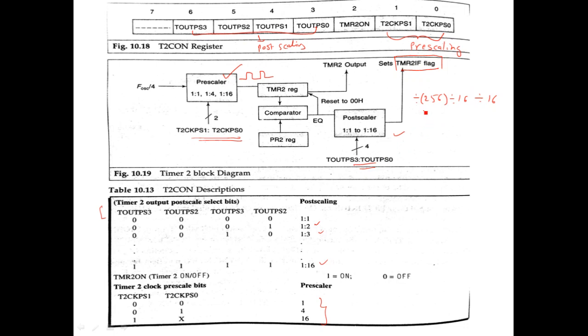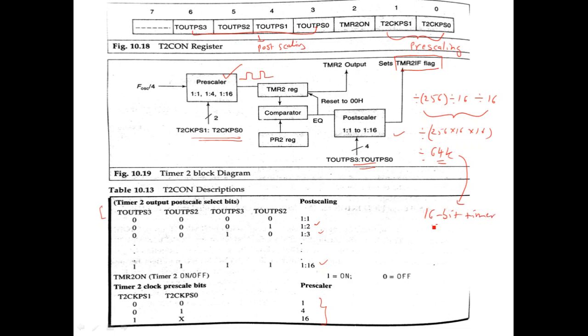Therefore effectively the frequency can be divided at the most by 256 into 16 into 16, that is, by 64 kilo. If you calculate this, it comes out to be 65,536, so 64 kilo. And when it is divided by 64 kilo, effectively it's a 16-bit timer.